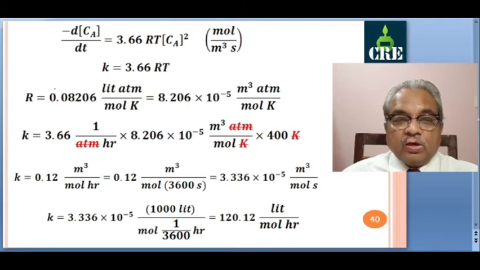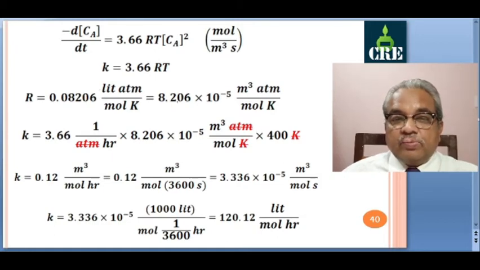Here the value of R is 0.08206 liter atmosphere per mole per degree Kelvin. We don't want liter here, we want meter cube. So it is converted into meter cube: liter to meter cube, 1 meter cube is 1000 liter.